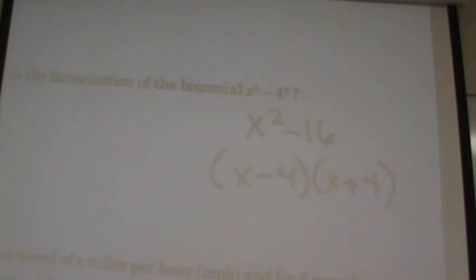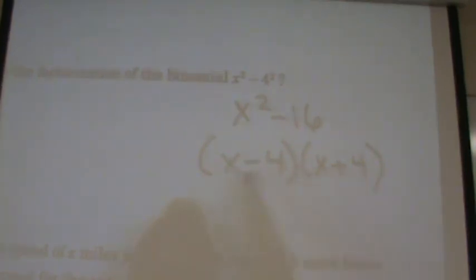Which of the following is the factored form of that binomial, which is x squared minus 16. That's the difference of 2 perfect squares, x minus 4 times x plus 4, which is J. J is the correct answer.